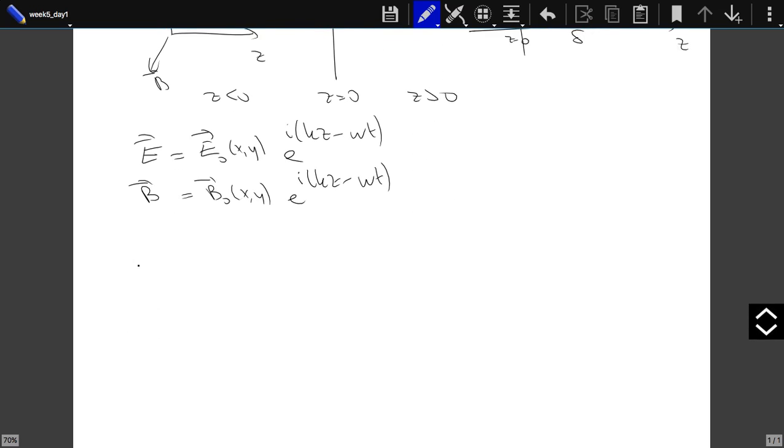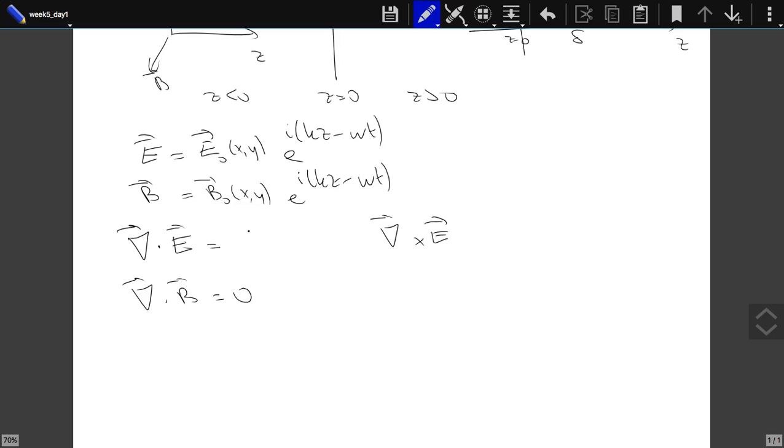For that, we have to look at Maxwell's equations. Let's remember our Maxwell's equations. We are looking in vacuum. I will just assume that inside the waveguide is empty, but it can be air also. Air doesn't really change much the properties of vacuum. So in vacuum, what are the Maxwell's equations? Divergence of E is equal to 0. Divergence of B is equal to 0.